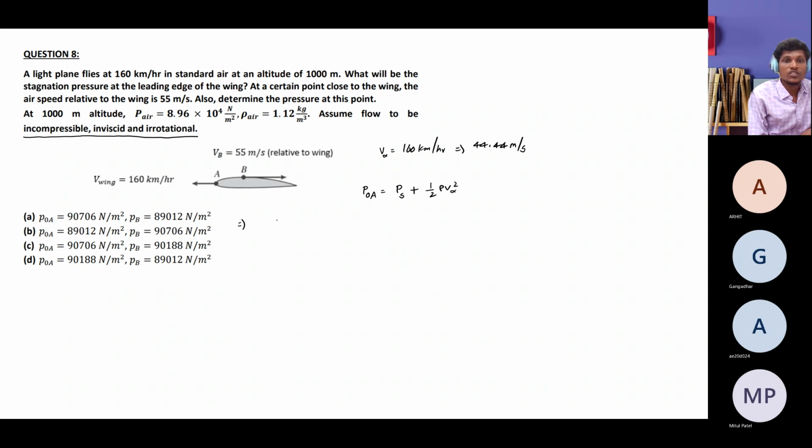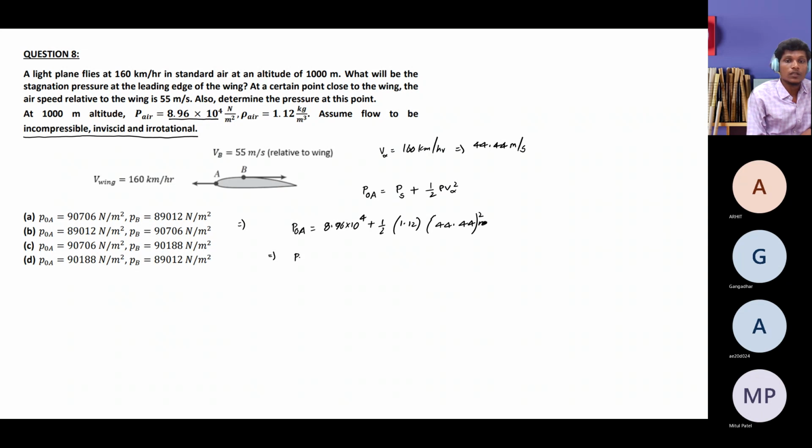What is your free stream static pressure? It is 8.96 times 10 to the power 4. We just substitute that: 8.96 times 10 to the power 4 plus half. You have the free stream density as 1.12 kg per meter cube, and the corresponding velocity we just calculated as 44.44 meters per second, squared.